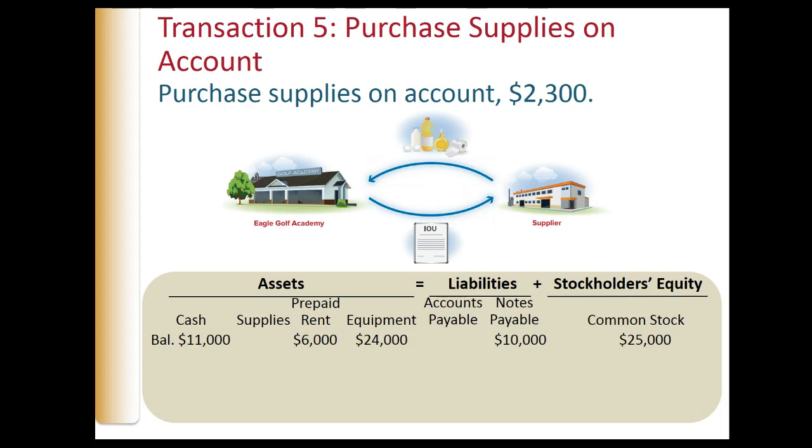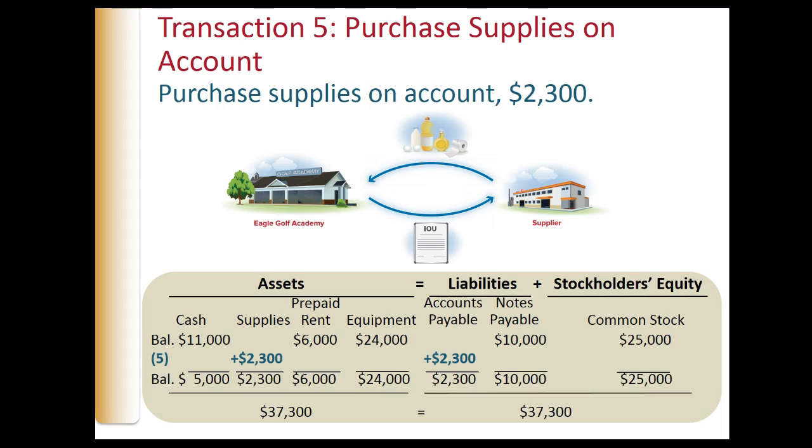The term payable means it's going to be paid in the future. Purchasing supplies with the promise to pay cash in the future causes an asset, supplies, to increase, but it also causes a liability, the accounts payable, to increase.